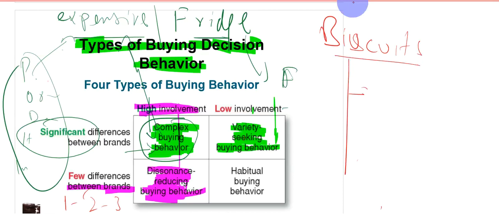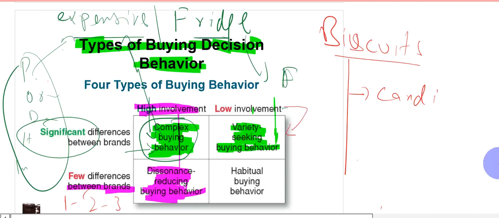For example, if I go to the market the first time and I purchase Candy biscuits, since Candy biscuits are not expensive, I will not get involved because I do not have to pay so much to purchase them.